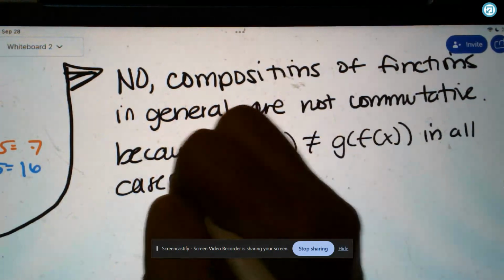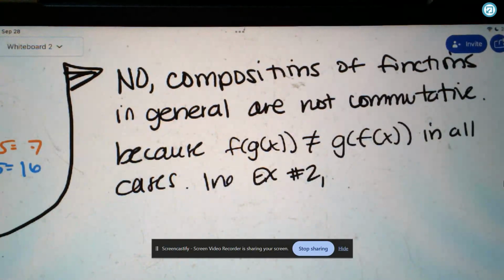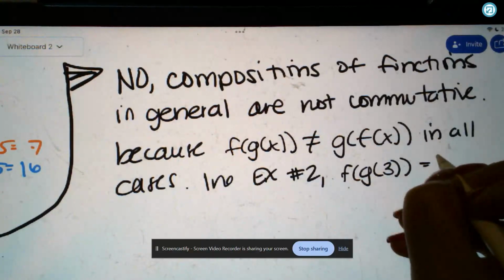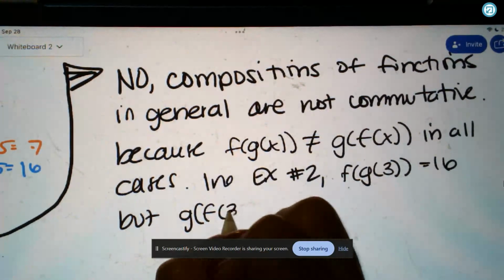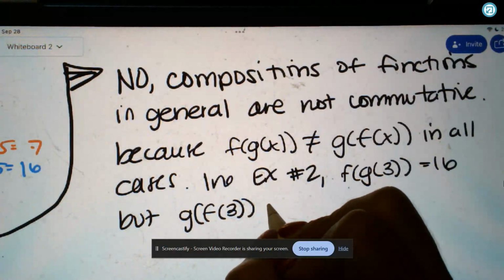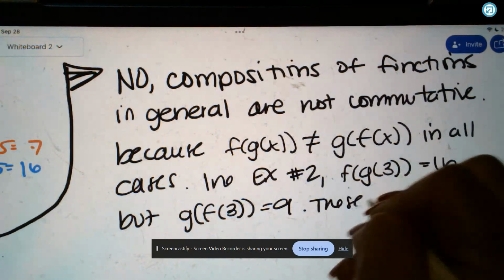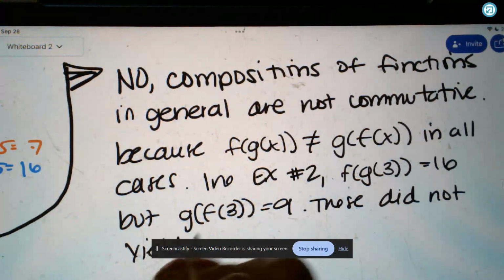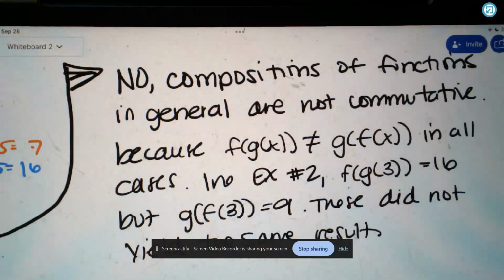In example 2, we did f of g of 3, which equaled 16. But when we did g of f of 3, that equaled 9. These did not yield the same result.